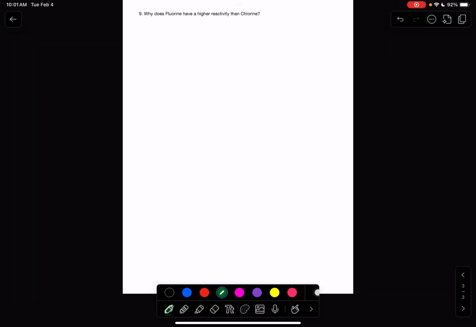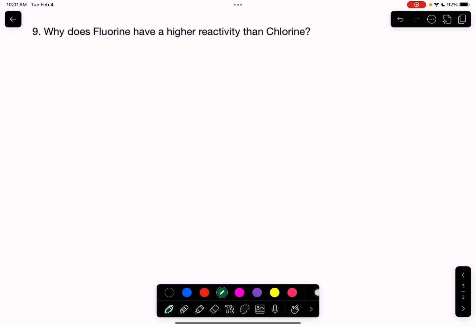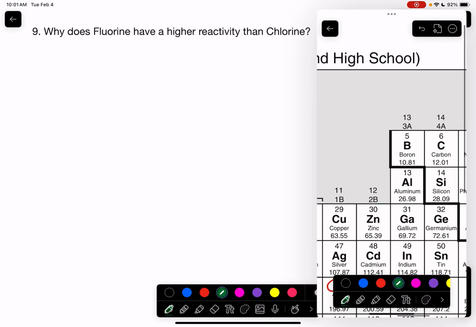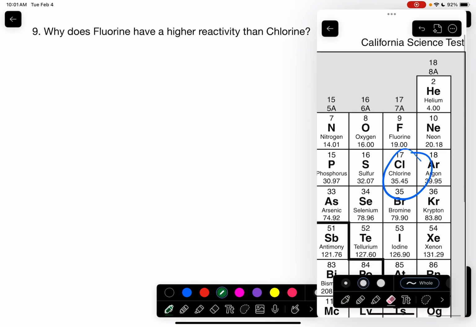I think, oh, and then there's one more. Why does fluorine have a higher reactivity than chlorine? So now we're looking at the non-metal reactivity trend. Fluorine and chlorine, and this is the opposite. So as we go up and to the left, it becomes more reactive.